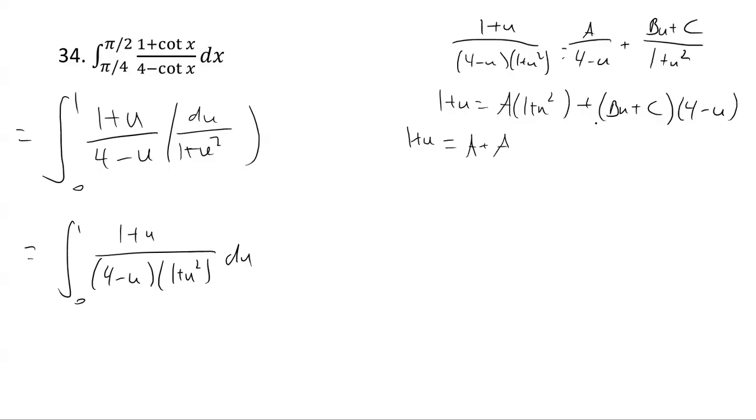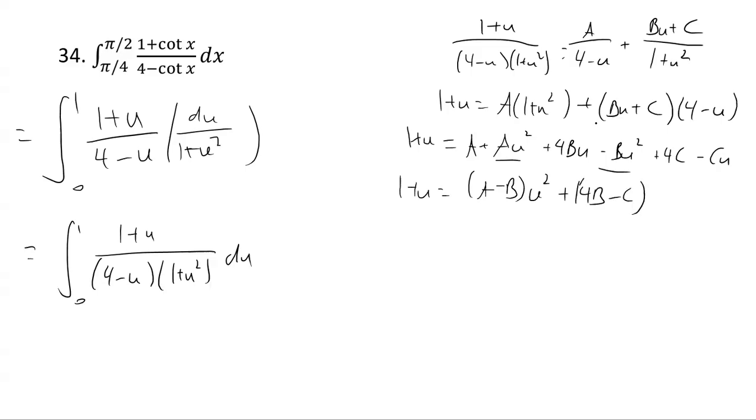That's a plus au squared plus 4bu minus bu squared plus 4c minus cu. So 1 plus u is equal to (a minus b) u squared plus (4b minus c) u plus (a plus 4c).